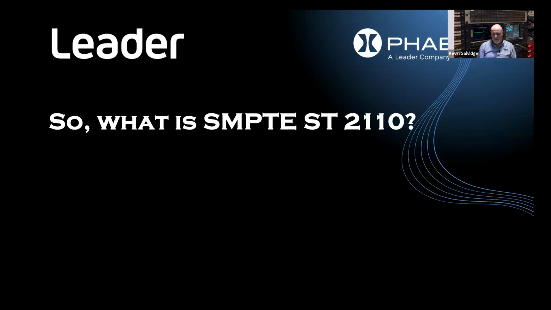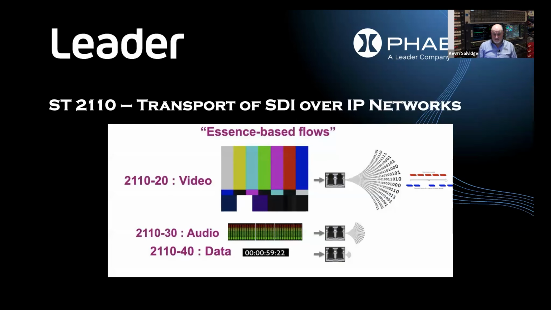So we've danced around it. Let's go into it. So what is 2110? Yeah, it's essentially, like we've talked about, a suite of standards where we've got 2110-20, which is our video. We've got 2110-30, which is our audio, 2110-40, which is our data.